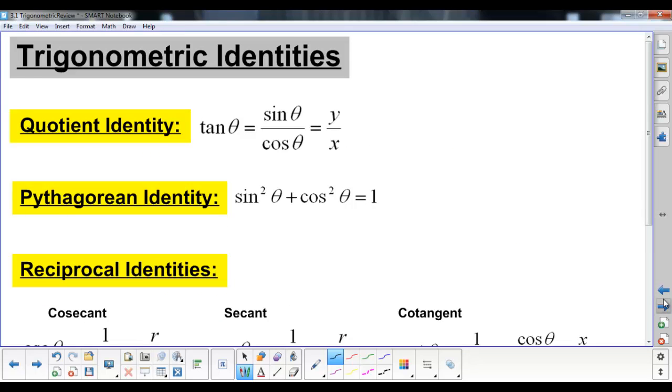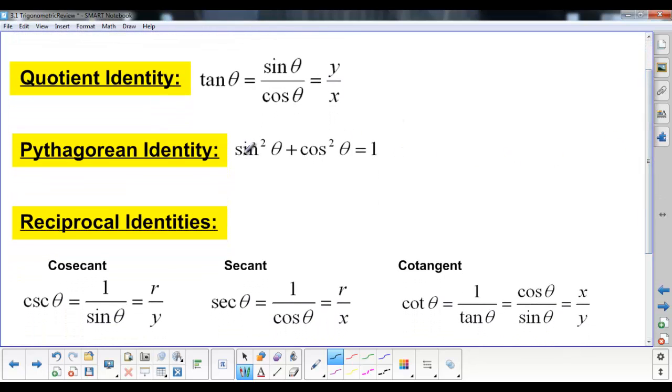Okay, some identities to talk about that you've probably seen last year. Remember that the tan identity, so tan theta, can be rewritten as sine theta over cos theta. And again, from the first slide, remember that tan theta is y over x. The Pythagorean identity is sine squared plus cos squared equals 1. Okay, so if you see sine squared theta minus cos squared theta, that's a whole other identity, and we'll talk about that in the next chapter.